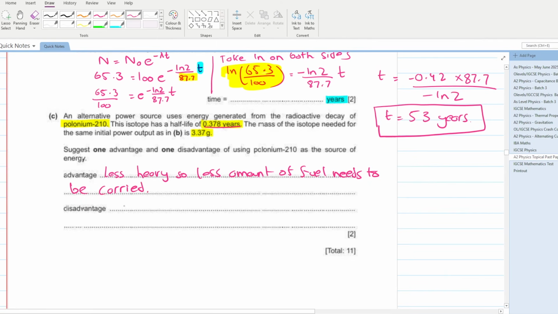A shorter half-life. What will be the problem with a shorter half-life? Hence, it wouldn't be able to supply energy for a longer amount of time.